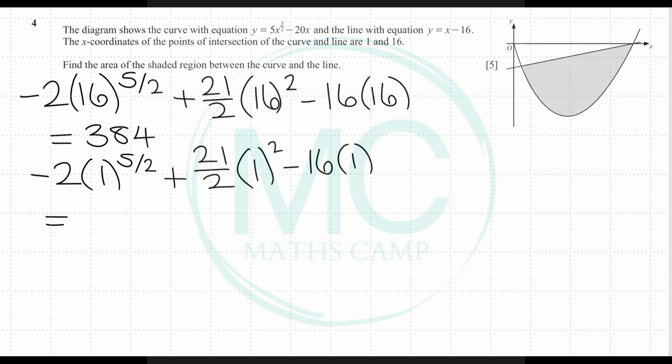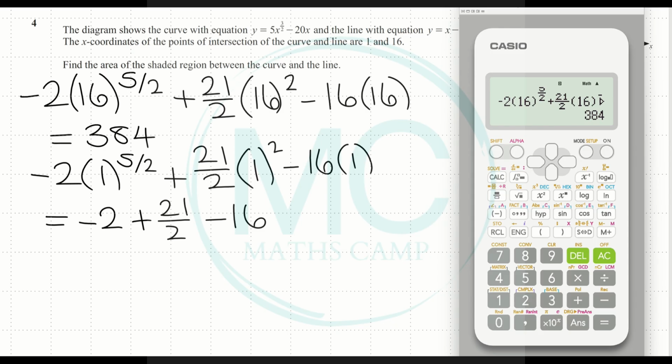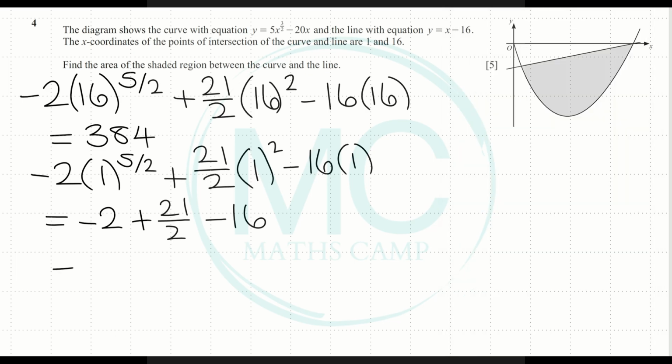So now we have negative 2 plus 21 over 2 minus 16. And we can put this into our calculator. Negative 2 plus 21 over 2 minus 16 is equal to negative 15 over 2.